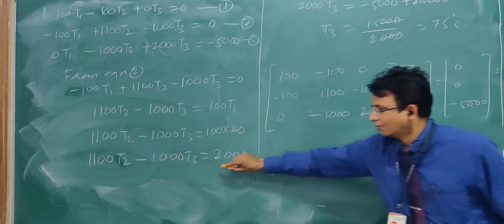If I delete this column and this row, what remains is 1100, minus 1000, then minus 1000, this is also minus 1000, 2000, with temperatures T2, T3, but in the force vector I now need to introduce this value.